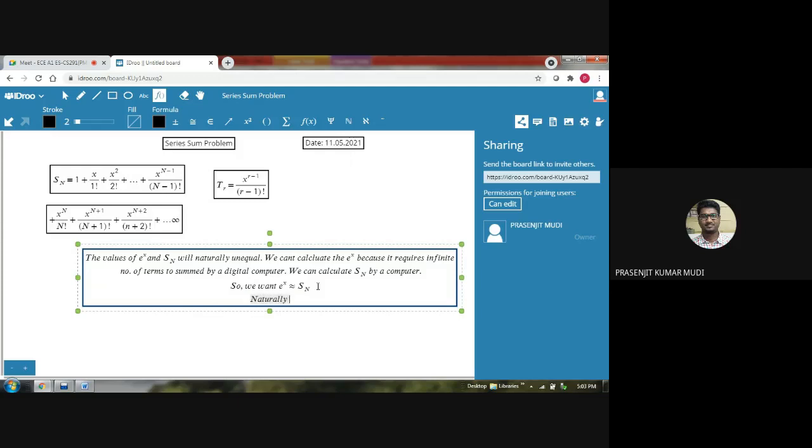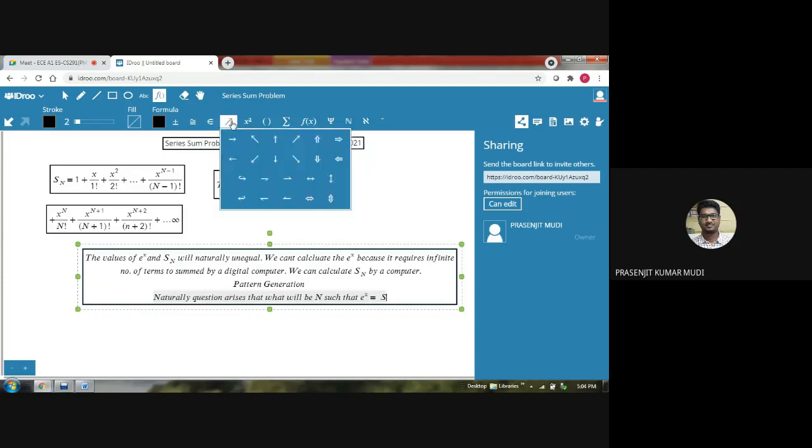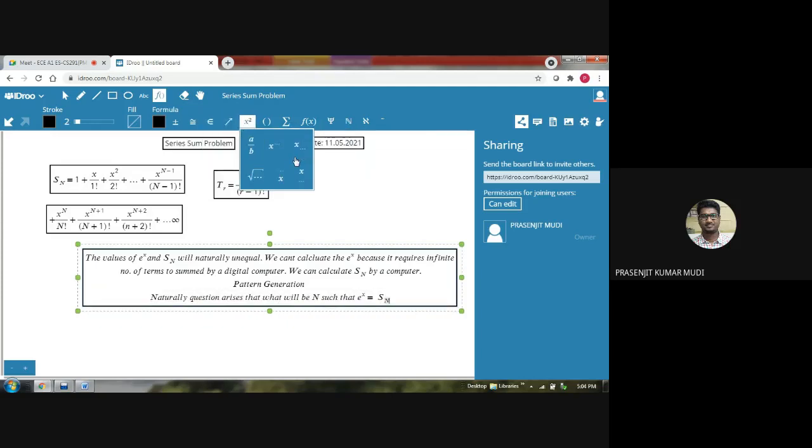Naturally the question arises: what will be n such that e to the power x is closer to Sn, this one?